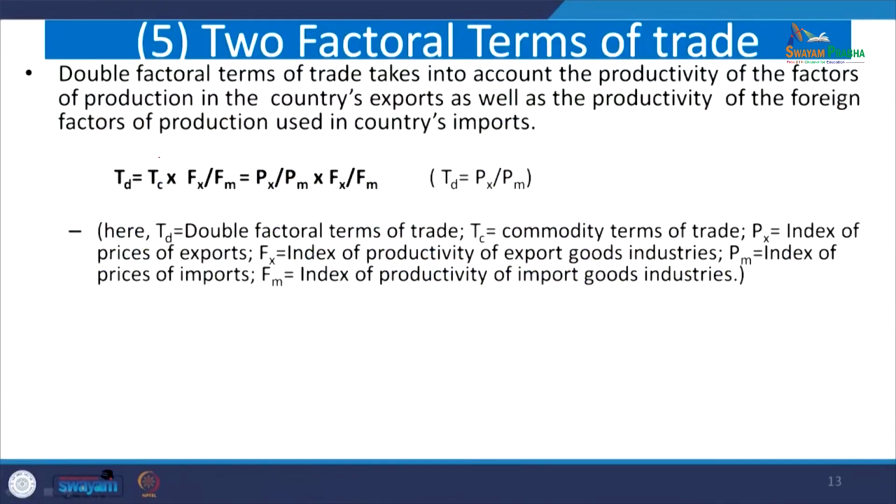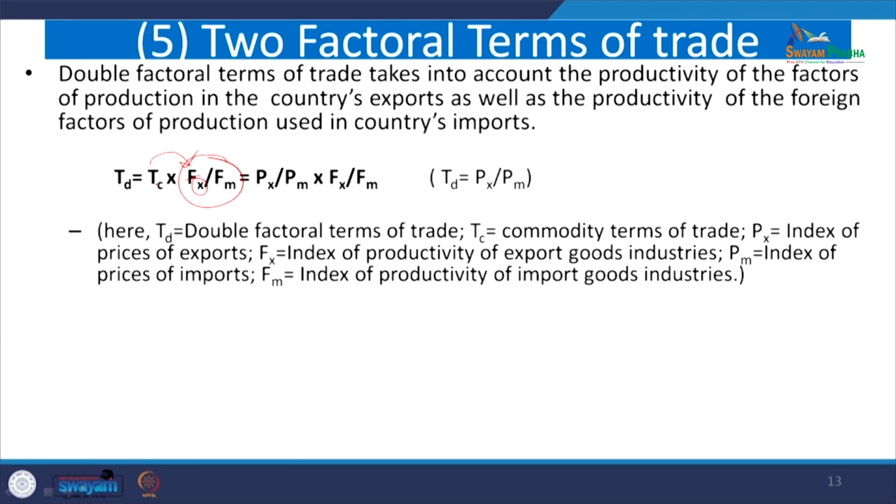Since it was criticized, now we come to the double factoral terms of trade. Most importantly, we are taking this as a ratio; it is not just exports, we are also considering the import part.